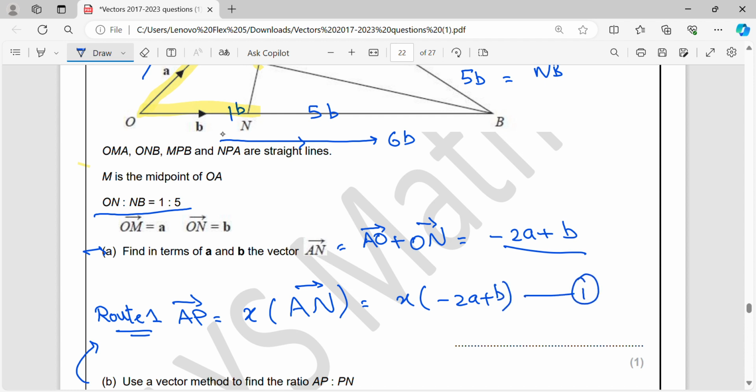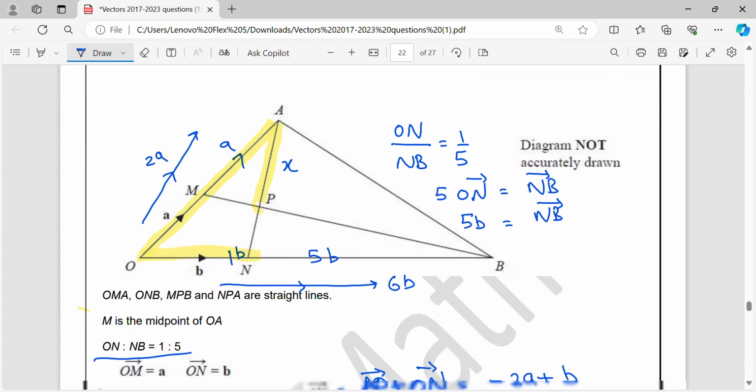Similarly, I will find route 2 for AP. To find route 2, always look at the easiest route. AP is here, and the route I'm taking is AM to MP. AM is minus A because this is the opposite direction.